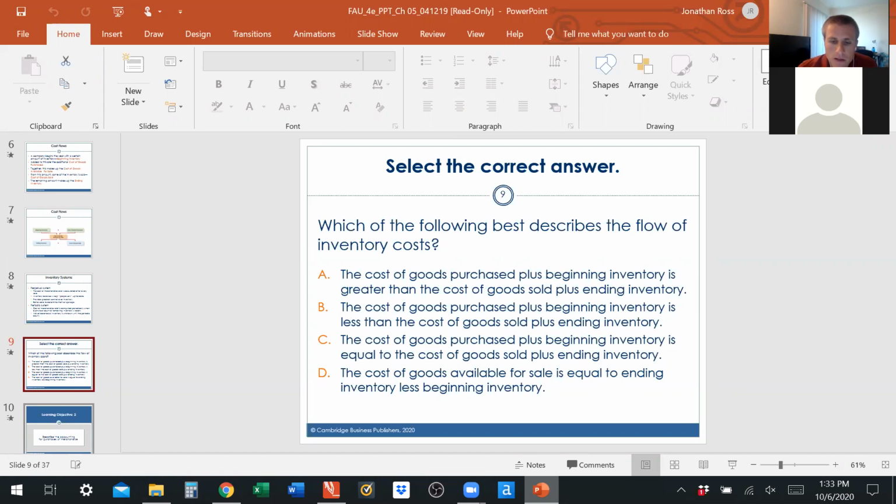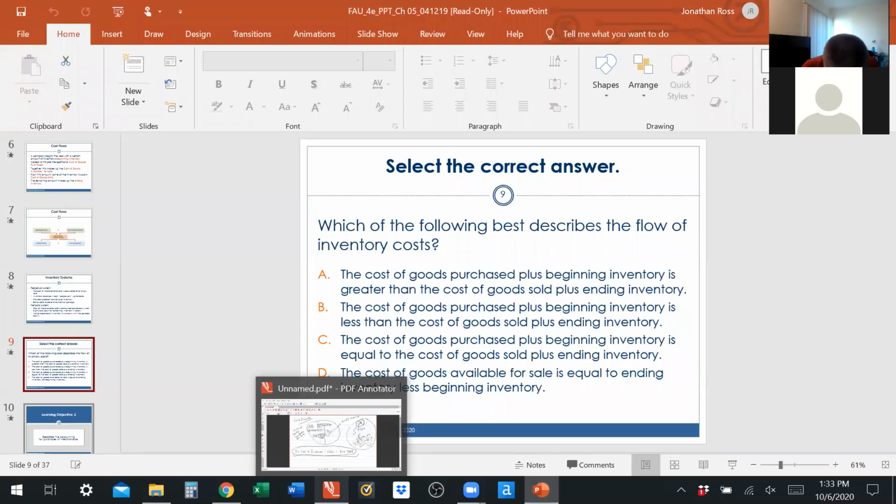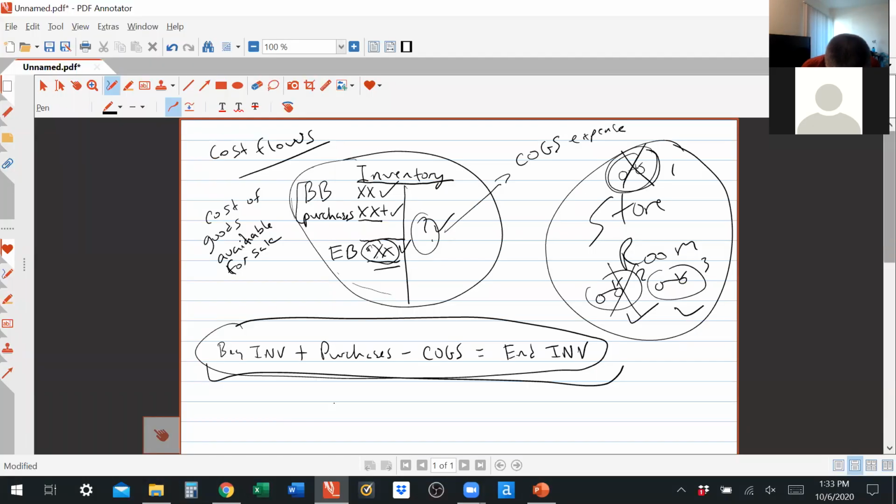C, the cost of goods purchased plus beginning inventory should be equal to the cost of goods sold plus ending inventory. Let's see. Cost of goods purchased is here, plus the beginning inventory, should be equal to the cost of goods sold plus the ending inventory. Right, we can rearrange this equation. We can add COGS to both sides, so that goes away.